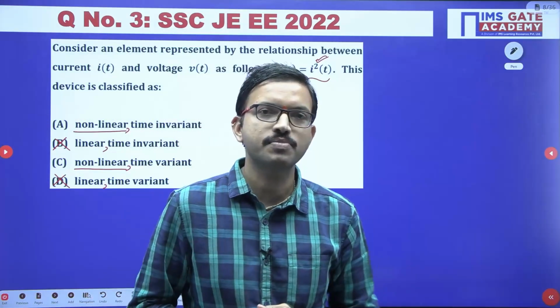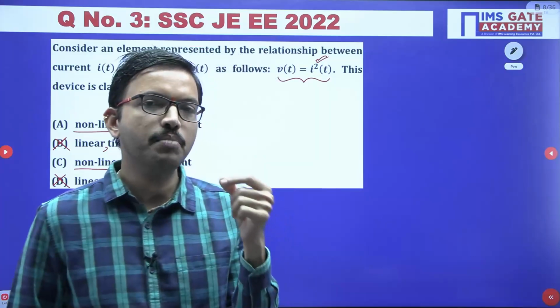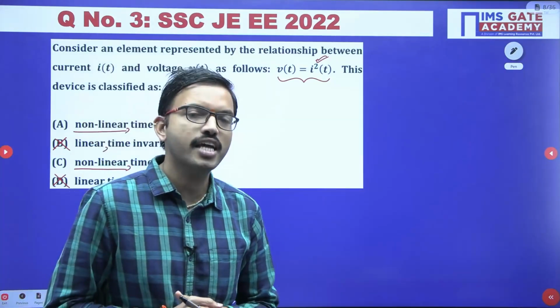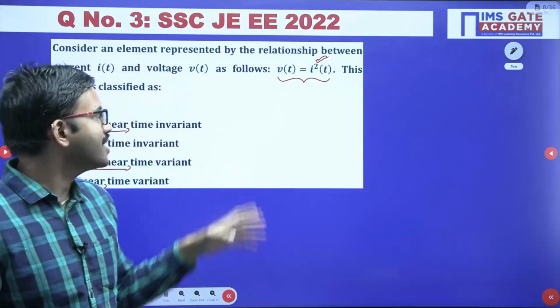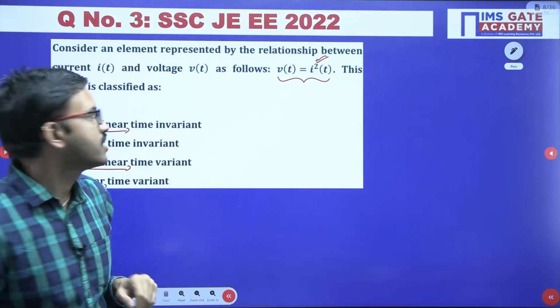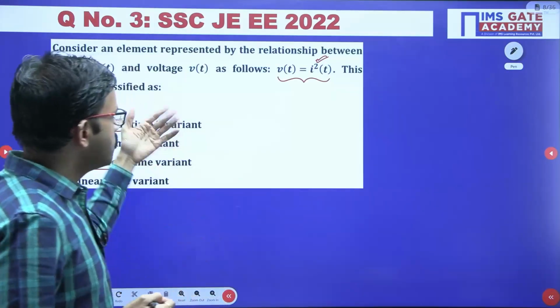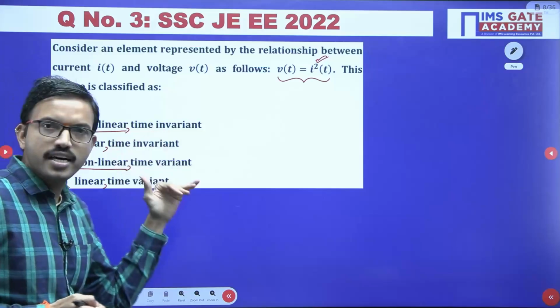Whoever has the minimum knowledge regarding time variant or time invariant can definitely answer this question correctly. So here we have to decide whether it is time invariant or time variant.